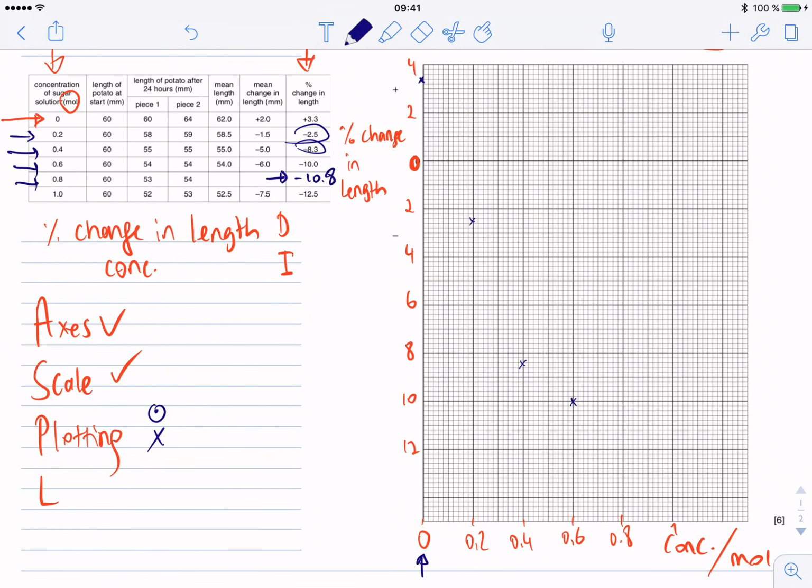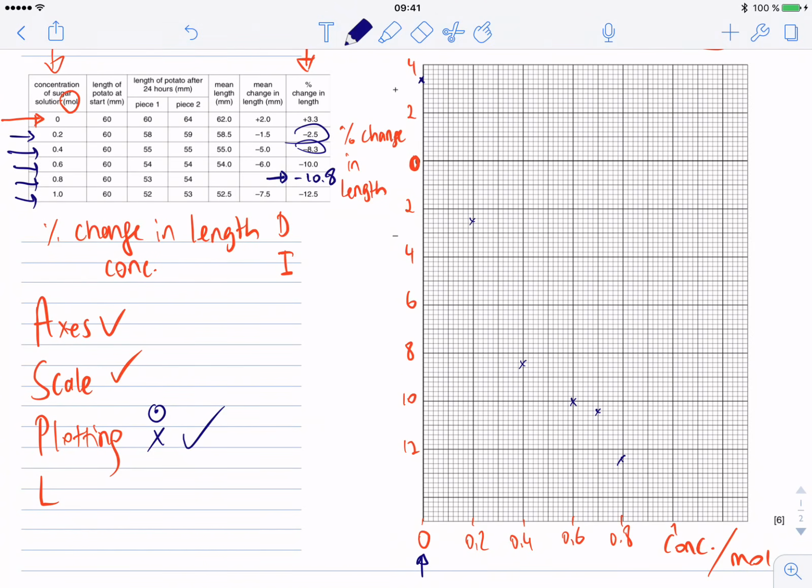So for 0.8 concentration, it should be minus 10.8. Okay, and for 1 concentration, 1 mole concentration, it's minus 12.5. Minus 12.5 would be here. So we finish the plotting part as well.